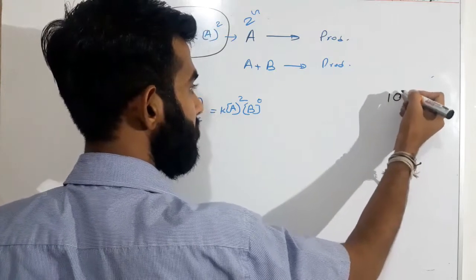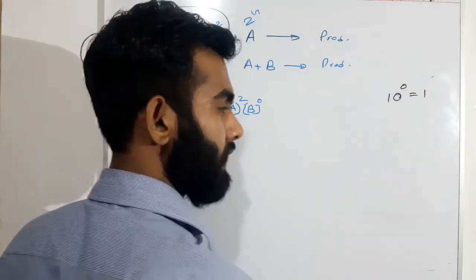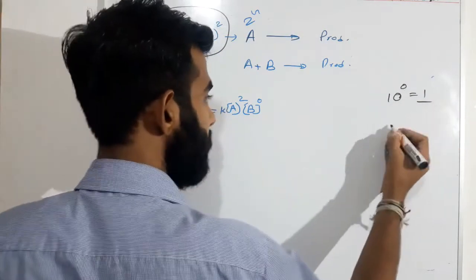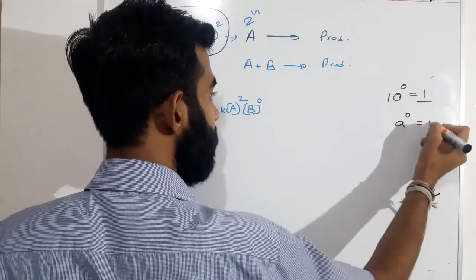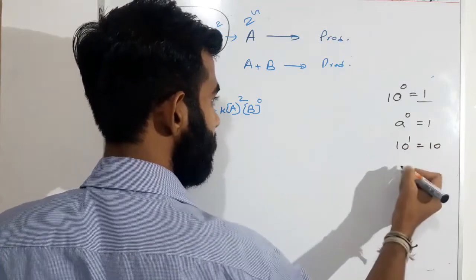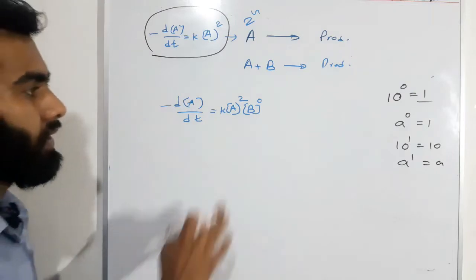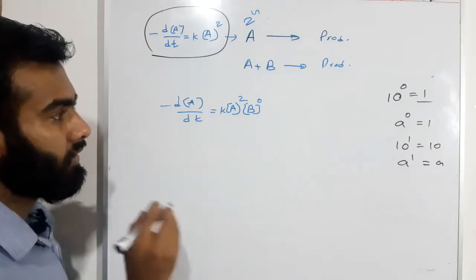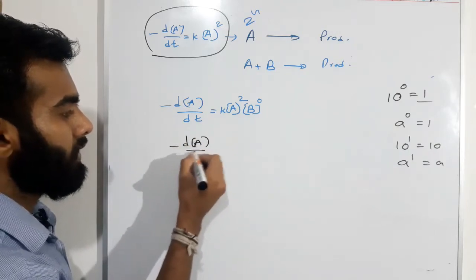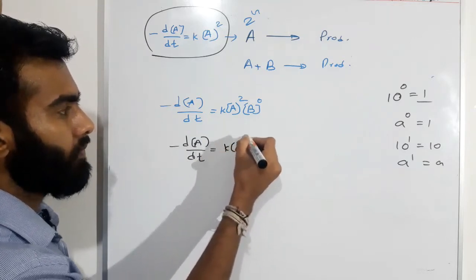Ten to the power 0 is equal to 1. Anything, if the power is 0, it will be 1. A to the power 0, it will be 1. Likewise, if 10 to the power 1, it will be 10. A to the power 1, it will be A. Likewise, here B to the power 0 means it is 1. So the equation is minus dA divided by dt is equal to K A squared.